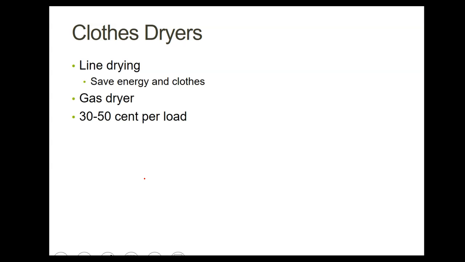Gas dryers cost around 30 to 50 cents per load. They will save you some money, but the safety comparison of having a gas line versus an electrical dryer kind of outweighs the savings. So you want to use electricity, because it depends on how much you use the dryer.